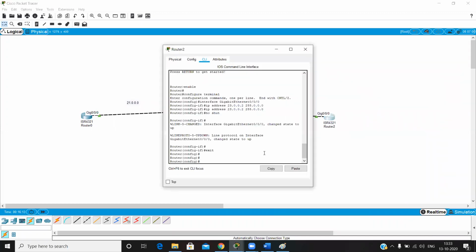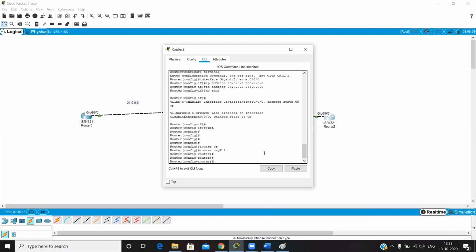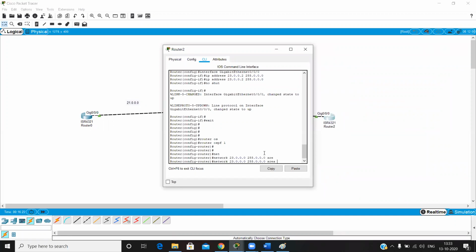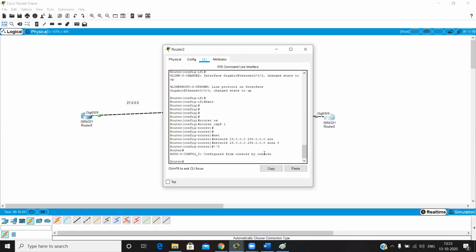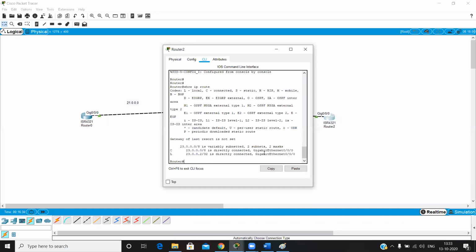And here we give router ospf 1, network is 23.0.0.0, subnet is 255, and area. OSPF is 100, right? Just a minute. Wait for 10 seconds.